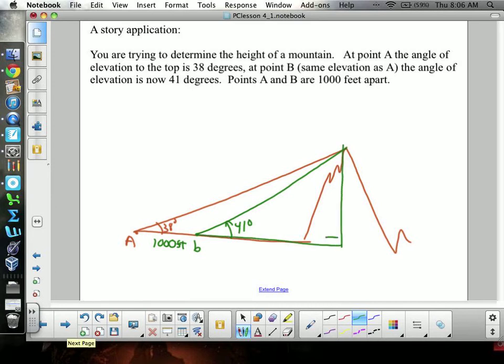Still got a right triangle here, but now my problem is a little bit easier, because before I set up my SOHCAHTOA to find the height of the mountain, because I'm eventually going to have to do that, there's H. I can solve this side of this oblique triangle.